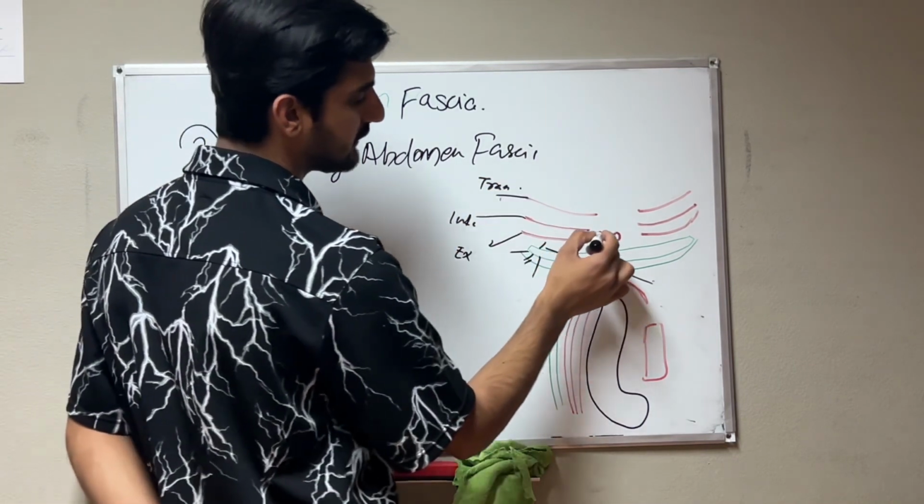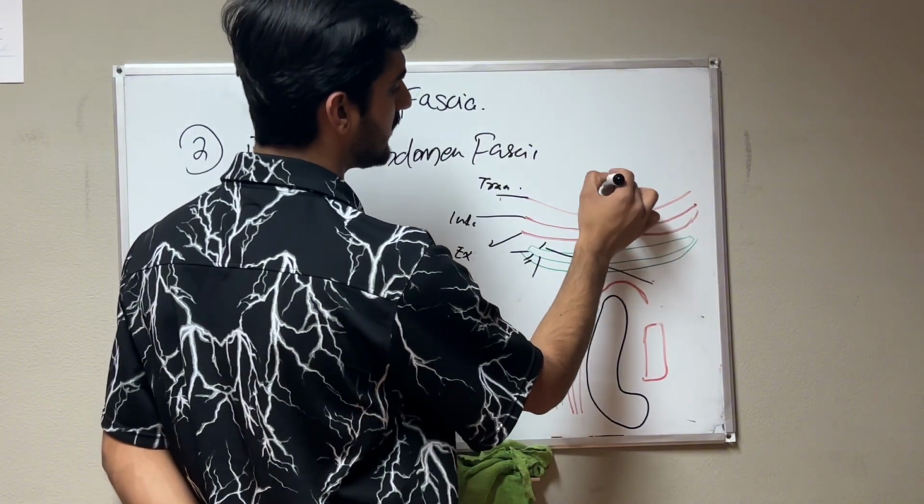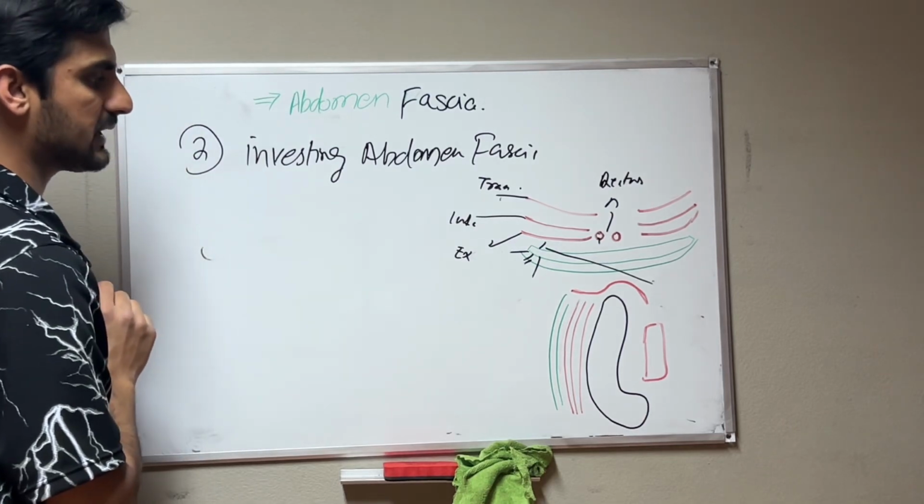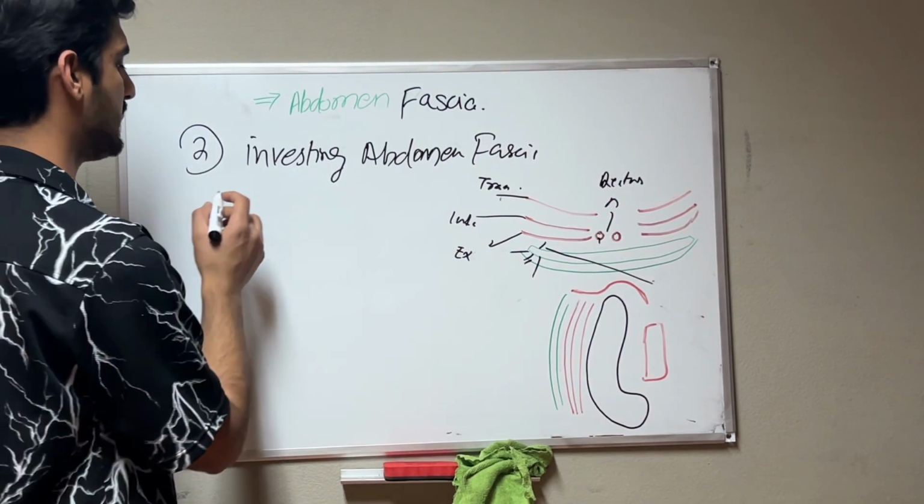And this is the rectus muscle. Now the investing abdominal fascia is also divided into three fascia.